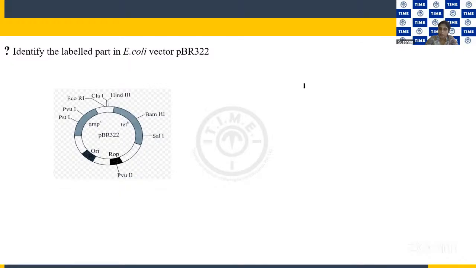As I told you earlier, vector is something that we use to transfer the foreign DNA or the desired DNA into the host cell. And vector has a lot of properties. Okay, so one of the property we already learned, it should have an ORI, that is origin of replication site.